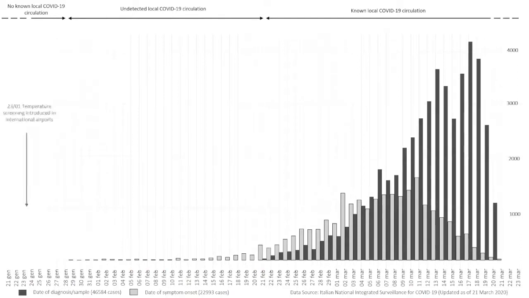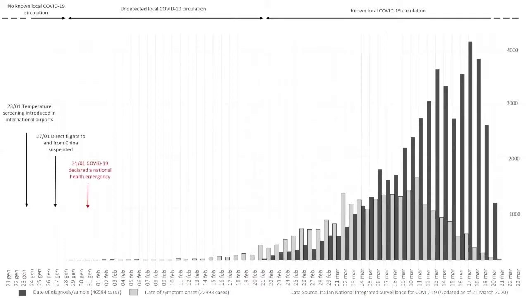The first measure we adopted, in the second part of January, was that the national government introduced temperature checks for screening at the international airports. Then a ban was introduced, and flights to and from China were suspended.